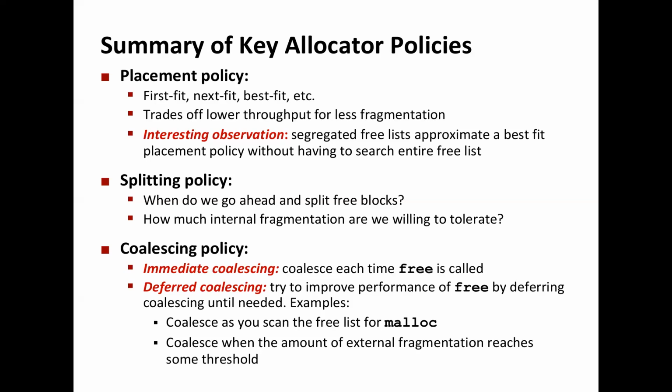So it's going to have sort of best fit, because, well, it's not entirely best fit, but an approximation of best fit. Also, it doesn't require going through the entire list. So you're going to have multiple lists, and you get both throughput and less fragmentation.